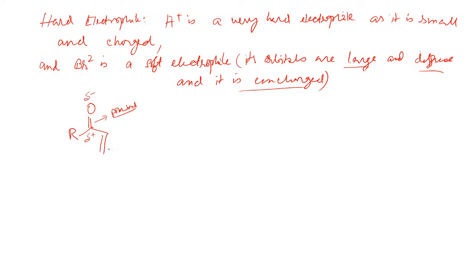And this bond is not a polar bond, it is a covalent bond, and the dipole is not so strong like the carbonyl. So a large dipole is formed here, and the electrostatic attraction is greatest at this carbon atom, because the delta plus charge is generated there.